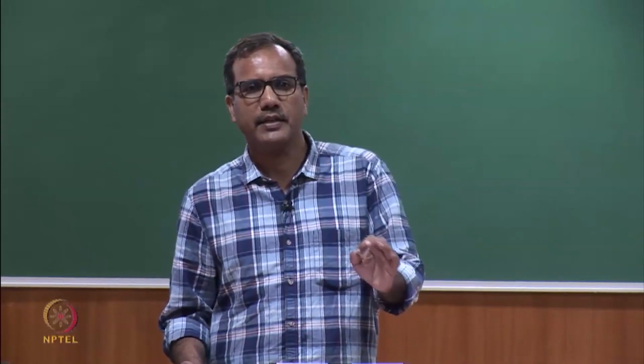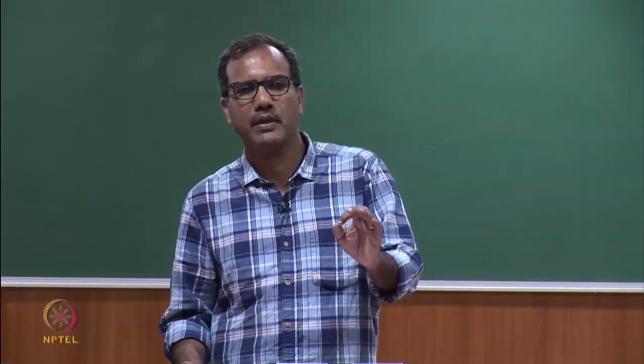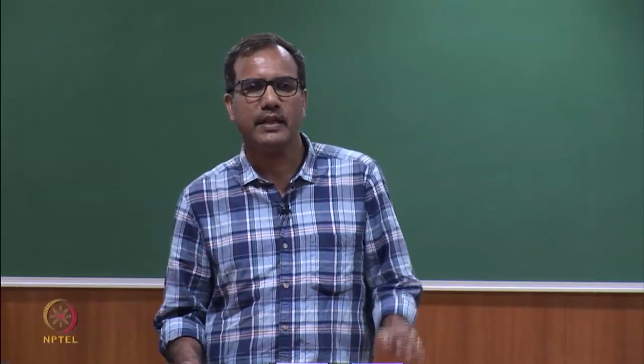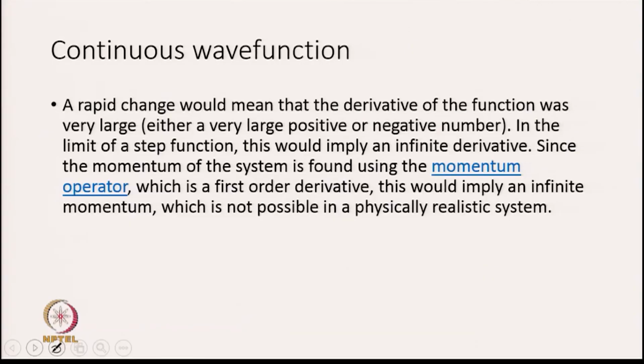The next criterion for an acceptable wave function is that the wave function must be continuous. A rapid change would mean that the derivative of the function is very large. In the limit of a step function, this would imply an infinite derivative.